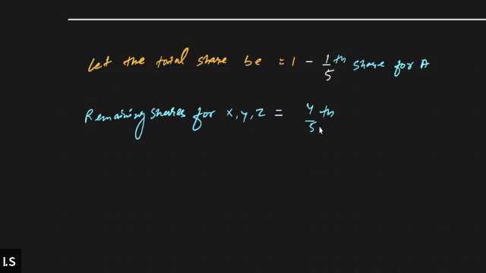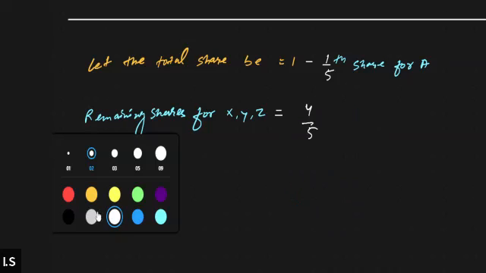Yes, the remaining share will be 4/5. Everybody is able to understand this? So let me make it more clear. 1 minus 1/5, we can simply take the LCM. It will be 5 minus 1, so the remaining share will be 4/5. So this is the remaining share.